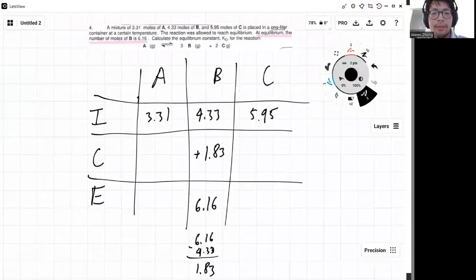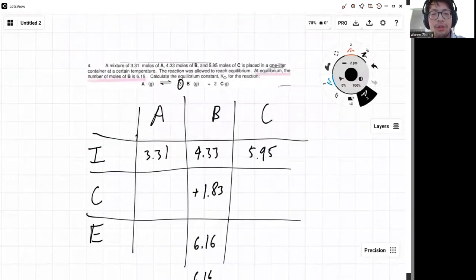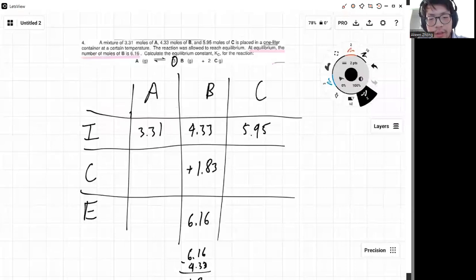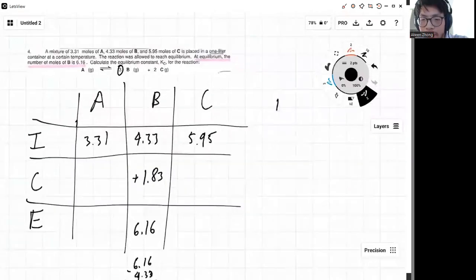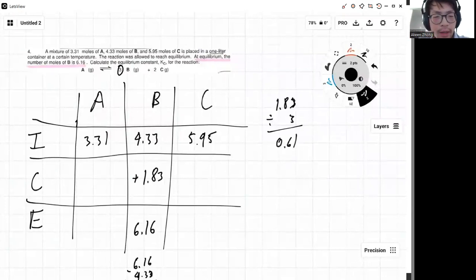So this 1.83 moles is the 3B that got added as a result of 1A molecule breaking down, which means that the amount of A broken down is a third of 1.83. So 1.83 divided by 3 gives us how many A molecules were lost, and that's 0.61.